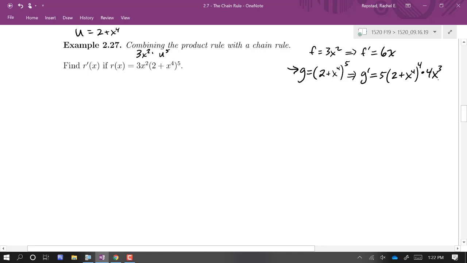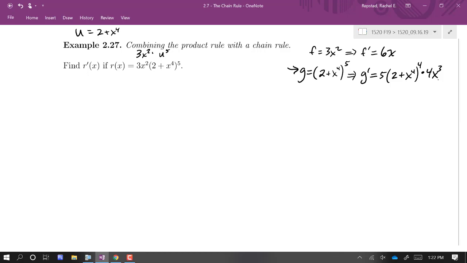So if you want to do the u thing, that's fine, but when you apply the product rule, you're going to have to find g prime, and that g prime is with respect to x. I mean, I suppose you could leave it in u's at first, but you have to put those u's back in anyway. Yeah.